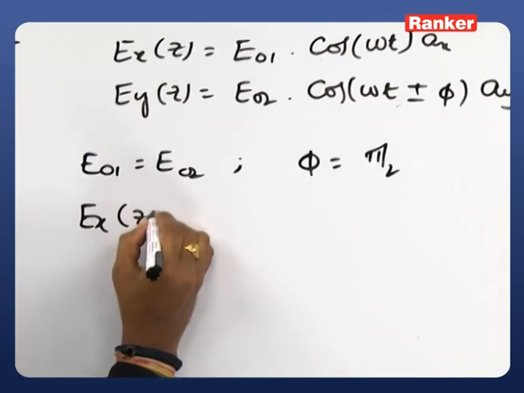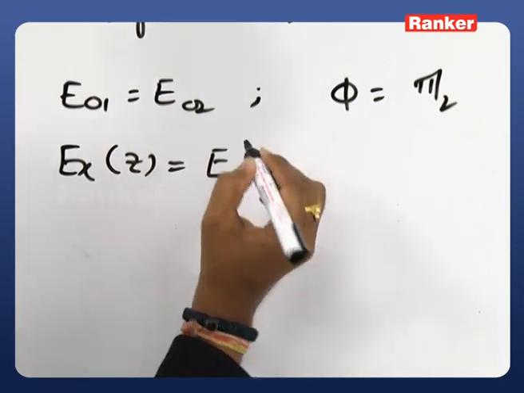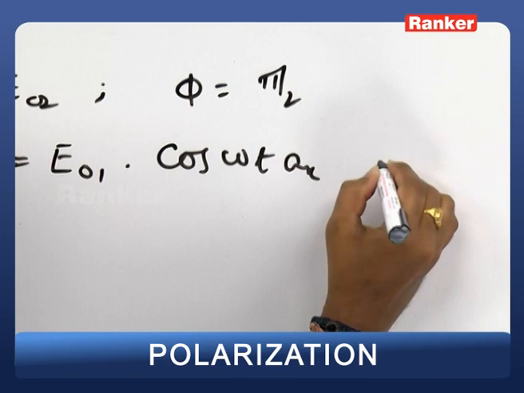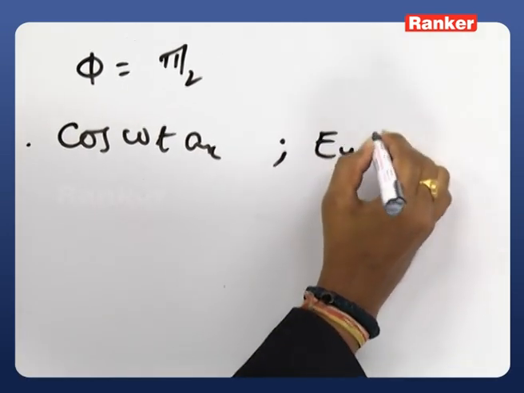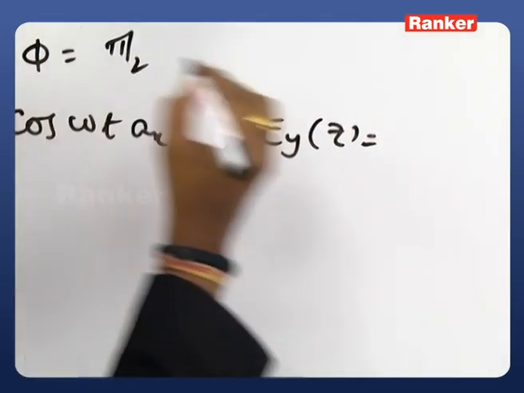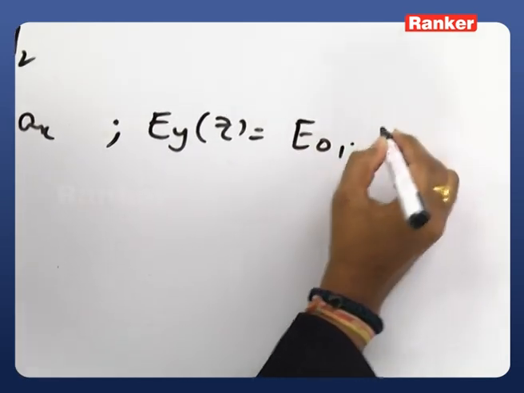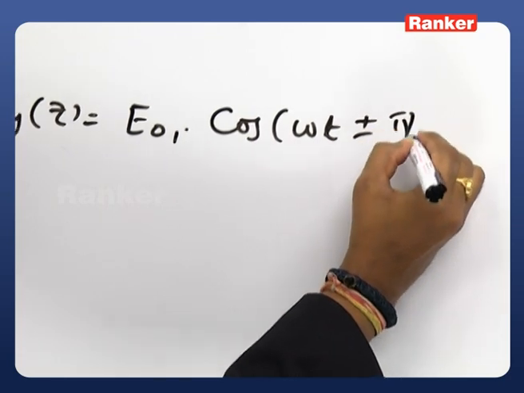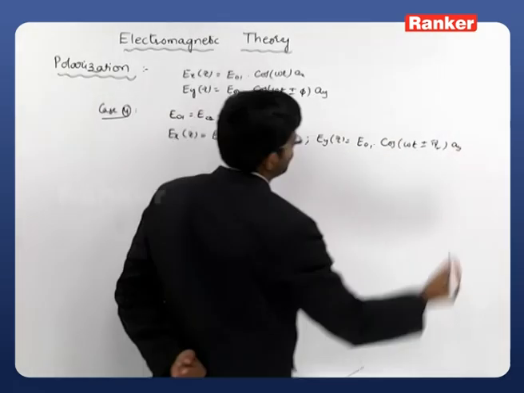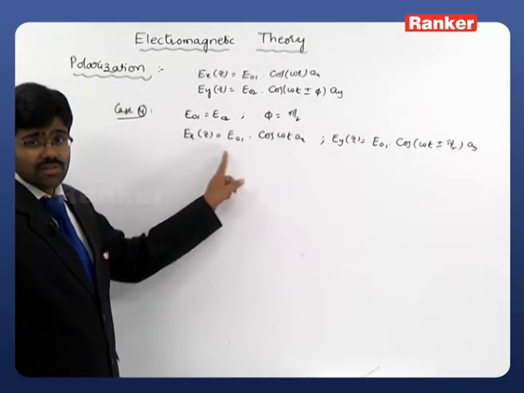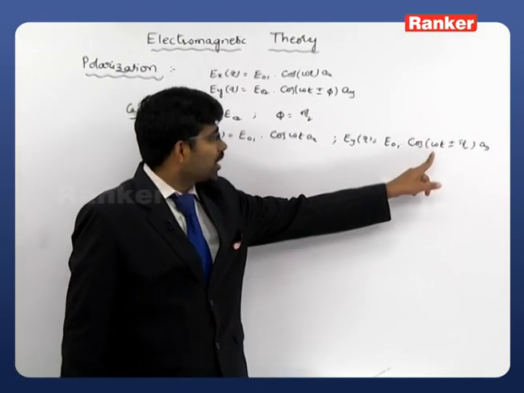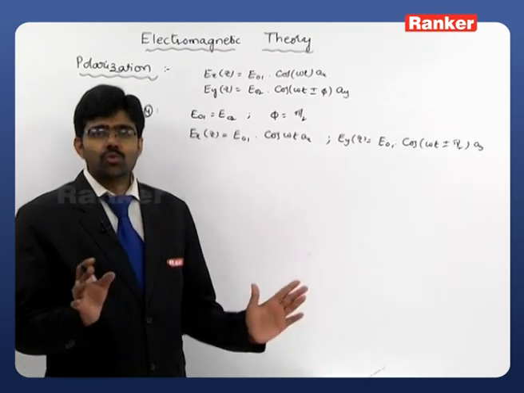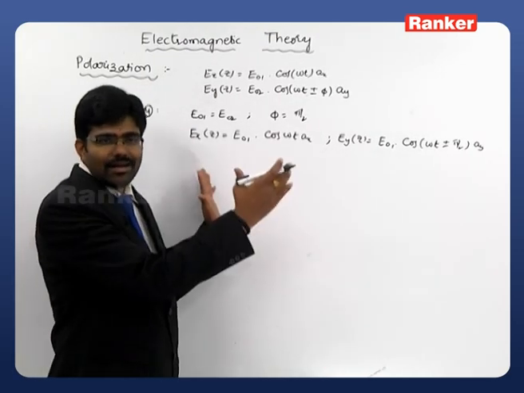So Ex of z is equal to, as it is, E naught 1 cos omega t Ax, and Ey of z can be written directly, instead of E naught 2, as E naught 1 cos omega t plus or minus pi by 2 Ay. So these are the equations that we have. Once again, we have two subconditions: omega t plus pi by 2 and omega t minus pi by 2. By considering those two subconditions, same as our previous one, I will compare them.